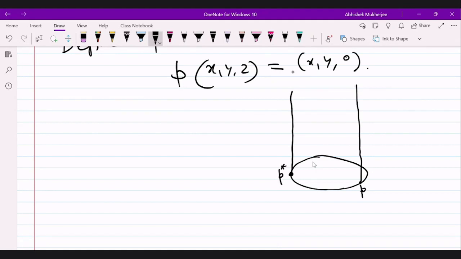That means if you take a mirror image along this axis, this will be the reflection.